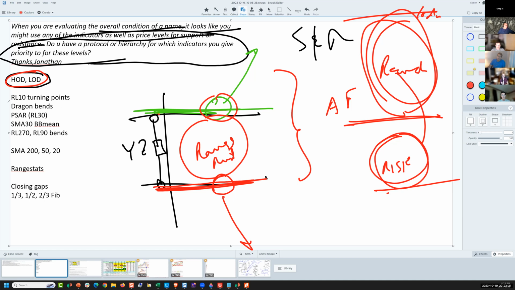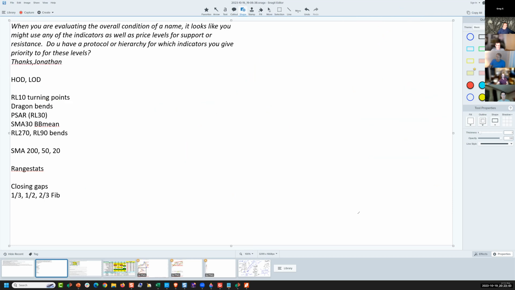Then, by far, the RL10 turning points. And I'm going to draw that as a blue line to represent the RL10. As you know, I should have drawn that correctly, it always comes to a point because of math.